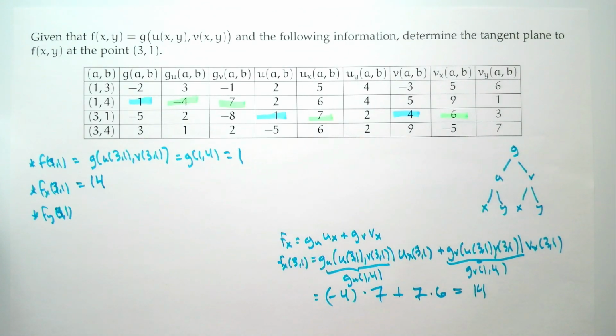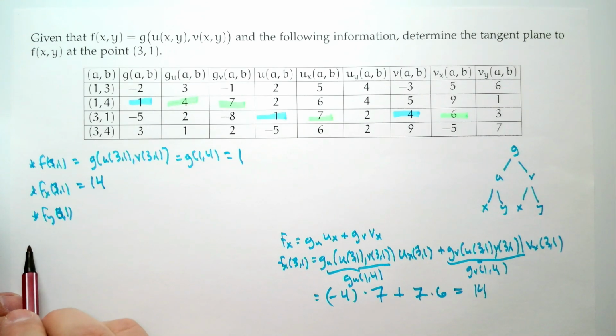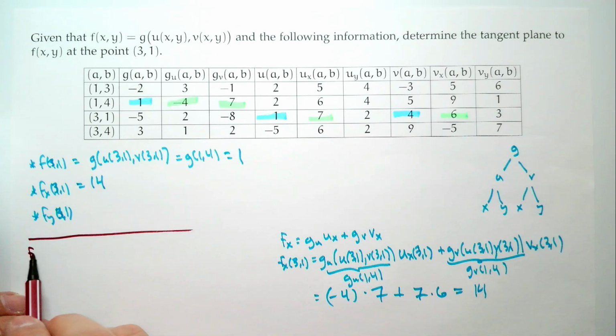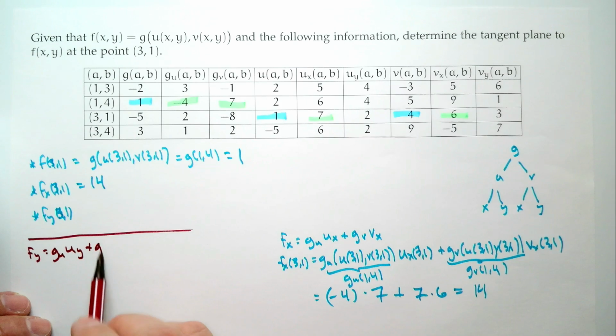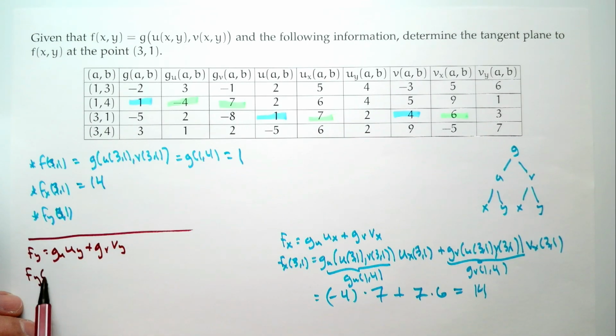All right, f sub y. Well, same process. So f sub y is g sub u, u sub y, plus g sub v, v sub y. So f sub y at 3, 1 is equal to, and in the interest of space, I'm just going to say it's the same thing that happens here.